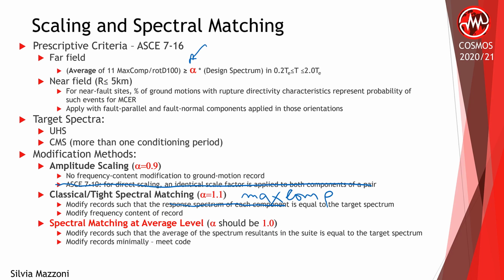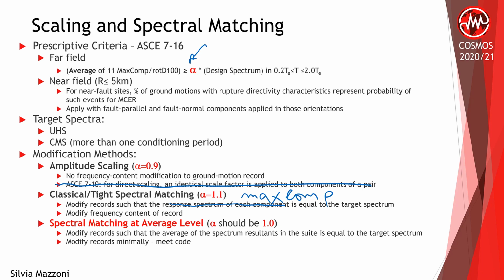You can do the old-fashioned 1D spectral matching, where you have to modify pretty much each component, or now there's a new method where you modify the record pairs together such that the maximum component of each record pair matches the target spectrum. With what I'm doing, it's really kind of the same result in the end. But remember, you're modifying the frequency content of the record. Sometimes this can lead to some significant changes to your record, which is why a lot of structural engineers are not big fans of tight spectral matching.